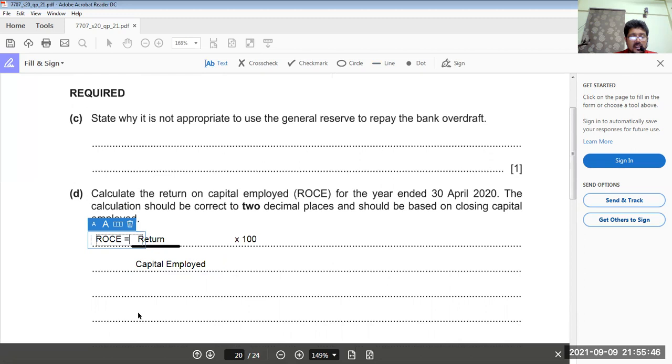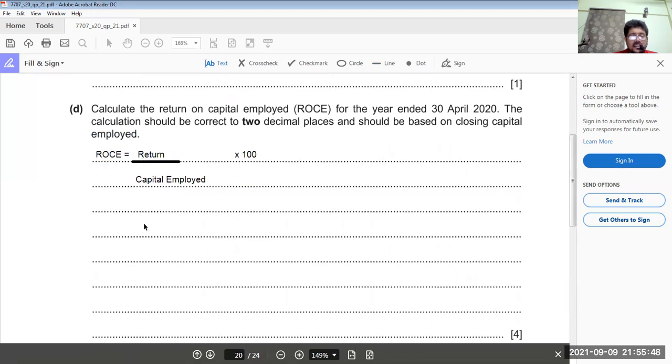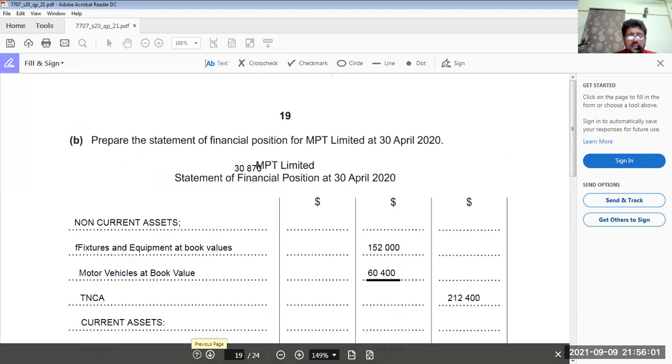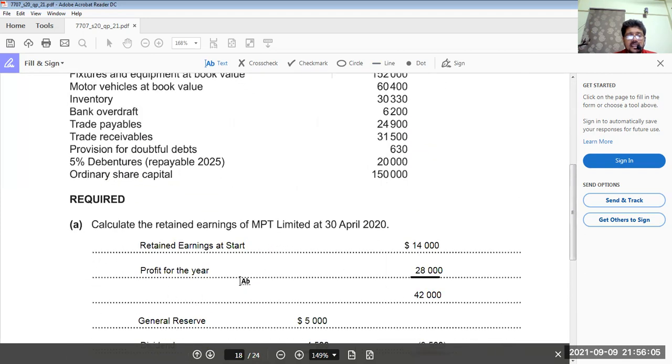Achha. When we are calculating return, it does not mean the profit after interest. It means profit before interest. So we have to go back to the question and find how much interest.